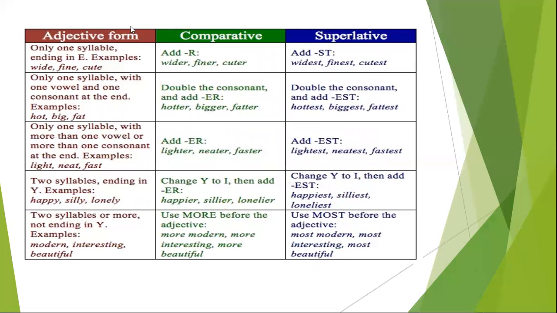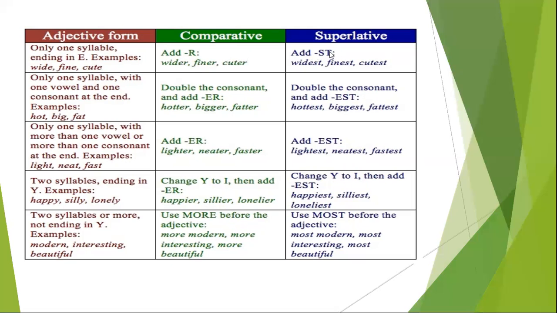So now we can see adjective forms. That is, we have already seen only one syllable ending in E. For example, white, fine, cute. With a syllable ending in E, we should just add R in comparative degree. That is wider, finer, cuter.